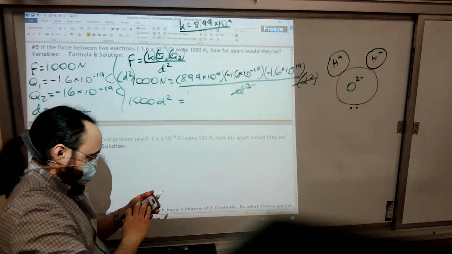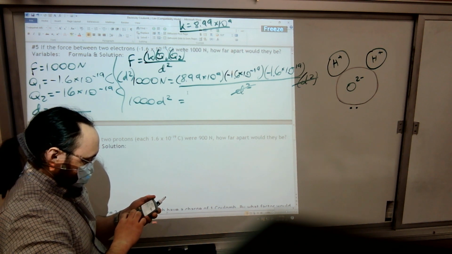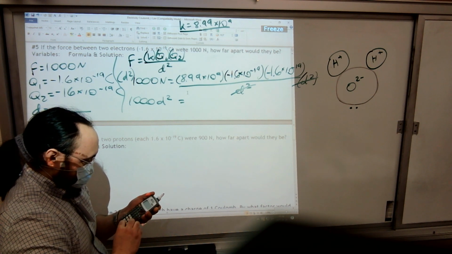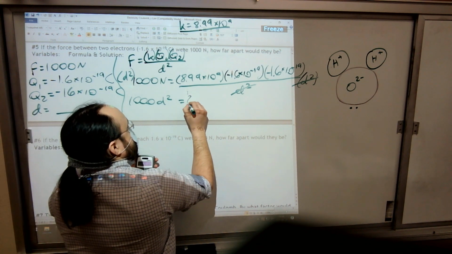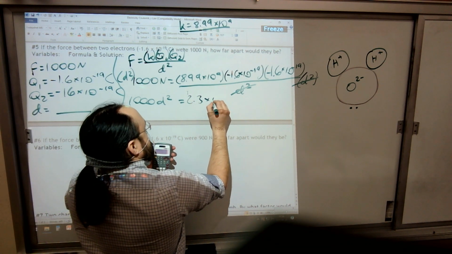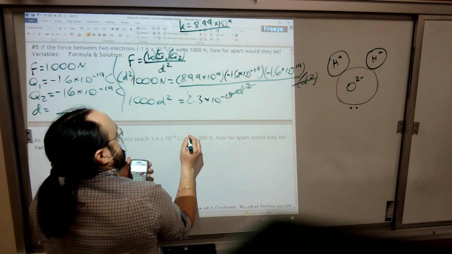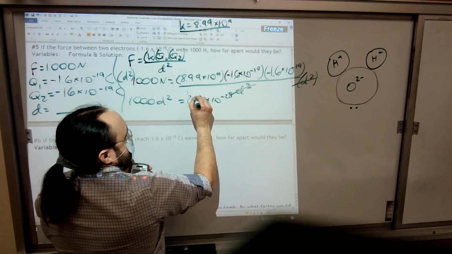Negative 1.6. This calculator is difficult to press the buttons on. And so I get 2.3 times 10 to the negative 28 now. And that's all these multiplied, makes 2.3 times 10 to the negative 28.